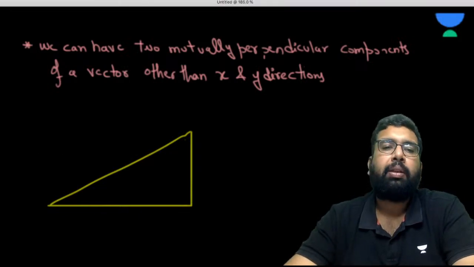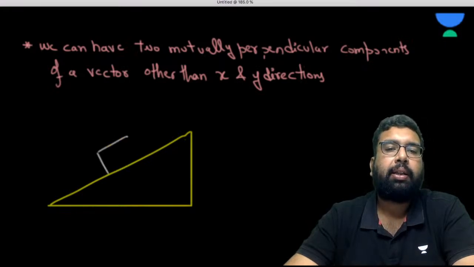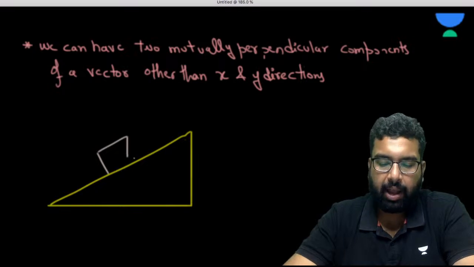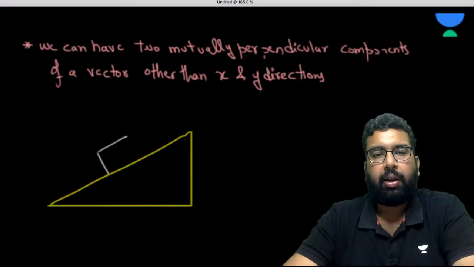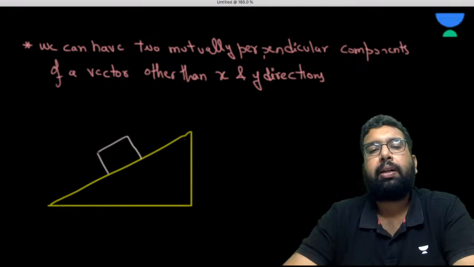Now see what happens. Let's suppose we have a body here, like this. Please understand this. Let's suppose this angle is theta.